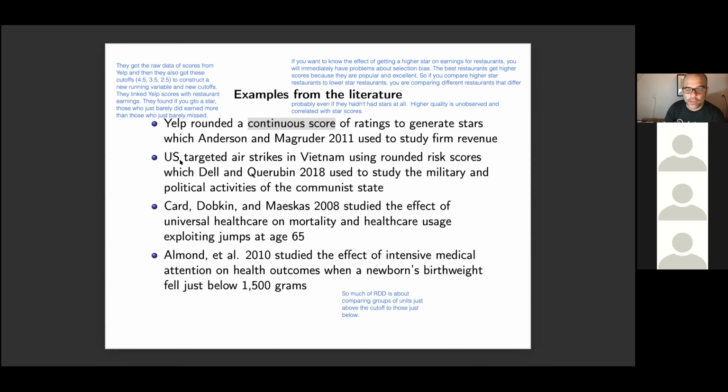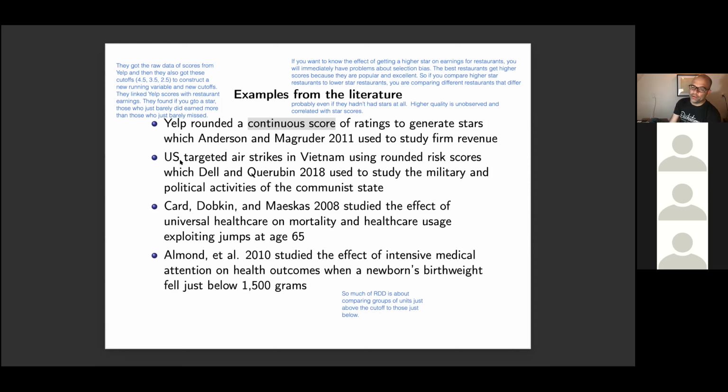Okay, so here's another one. The United States targeted airstrikes in Vietnam during the Vietnam War. The government used risk algorithms that produced risk scores, and the military would round those scores to some integer. And then they would use those rounded scores to make decisions.